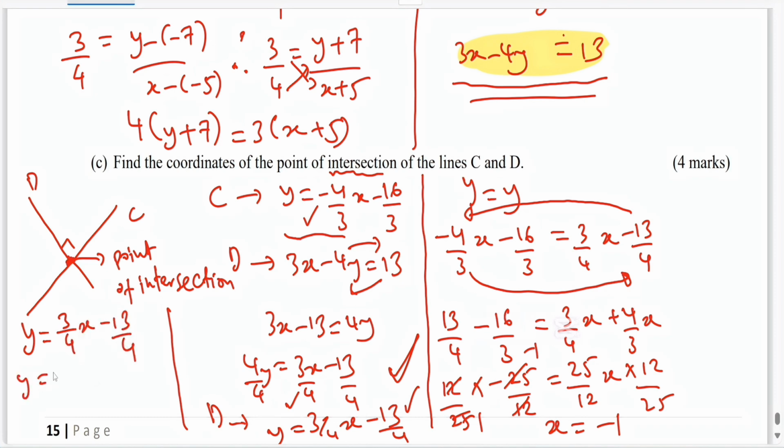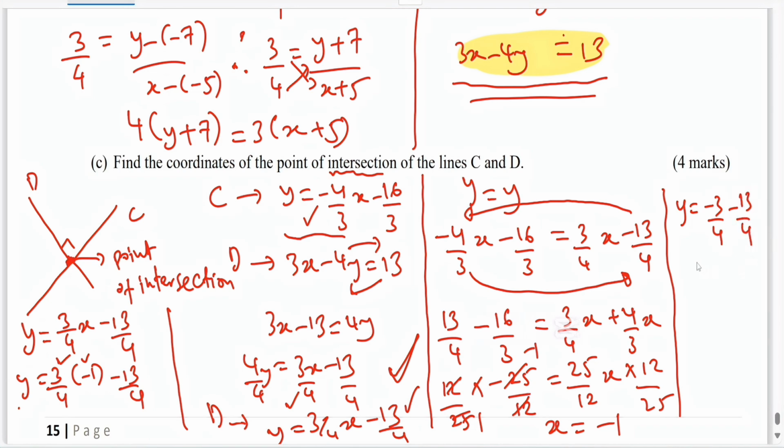So y equals 3/4 times -1 minus 13/4. 3/4 times -1 is -3/4, so y equals -3 minus 13 over 4, which is -16/4.